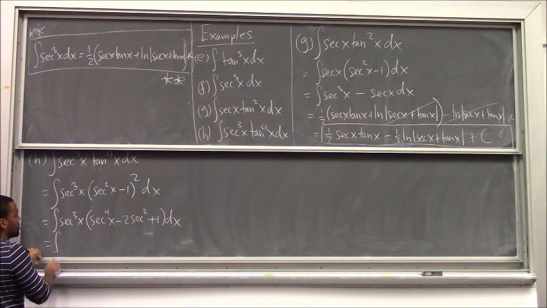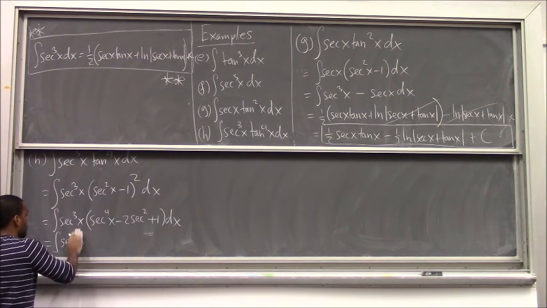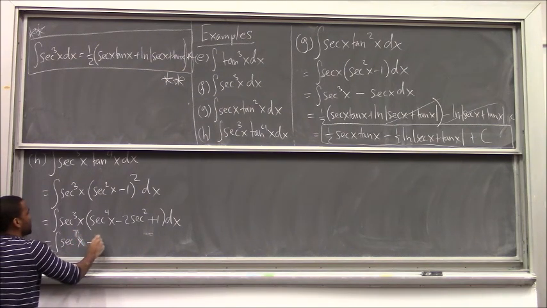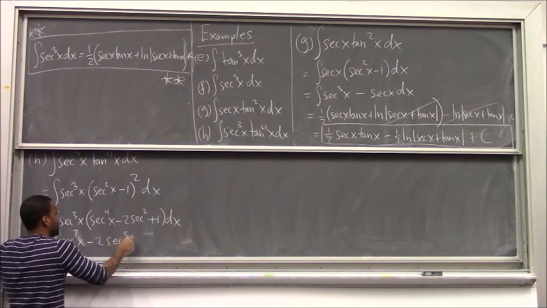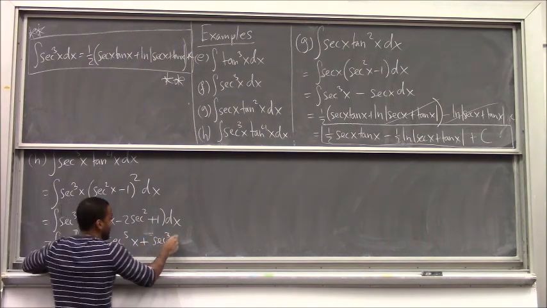Secant to the 7th, minus 2 secant to the 5th, plus secant cubed. Hey, I know that.